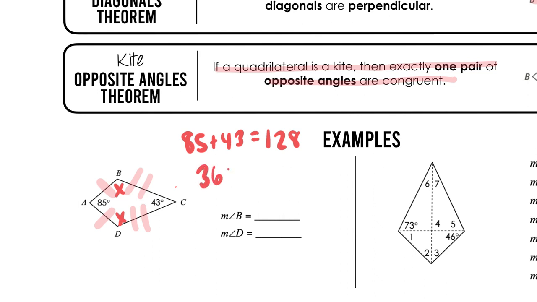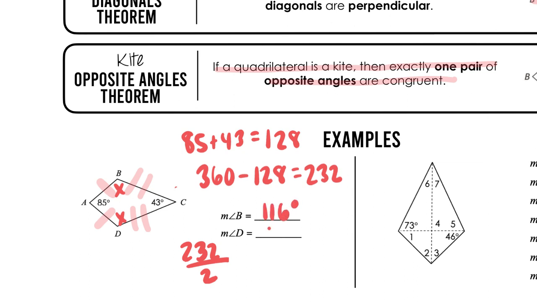Take 360 minus 128, and you get 232. 232 remains for both of those angles. So to get X, you have to divide 232 by 2. So those are both going to be 116. To make extra sure that you're right, you can always go back and make sure that they all add to 360.